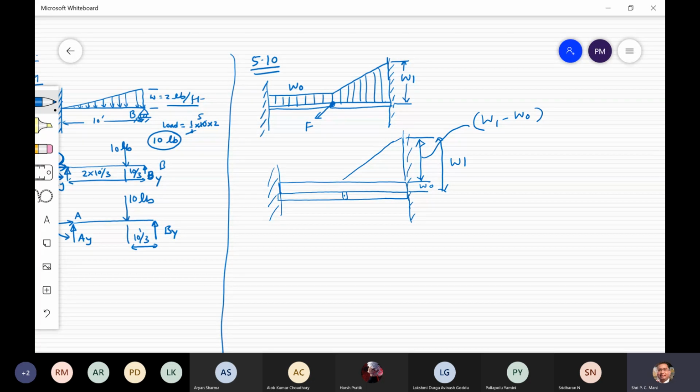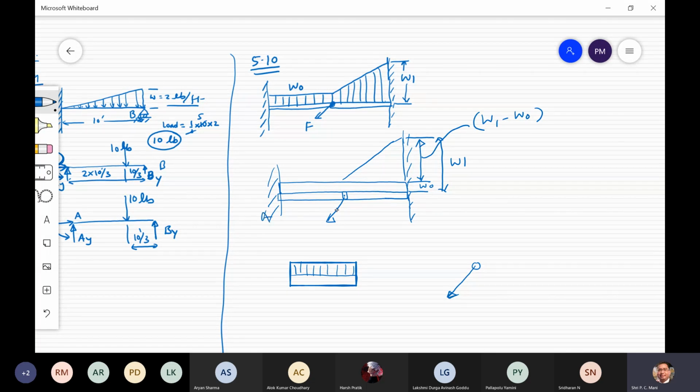If you divide into two parts, this is the first part, and one force is also there here, clear? So in this case, this is the uniformly distributed load, and at the pin there is a force.